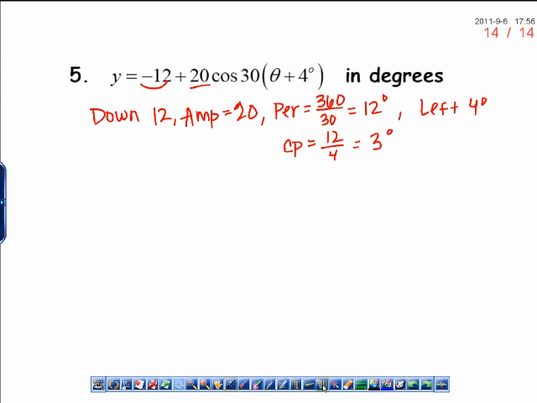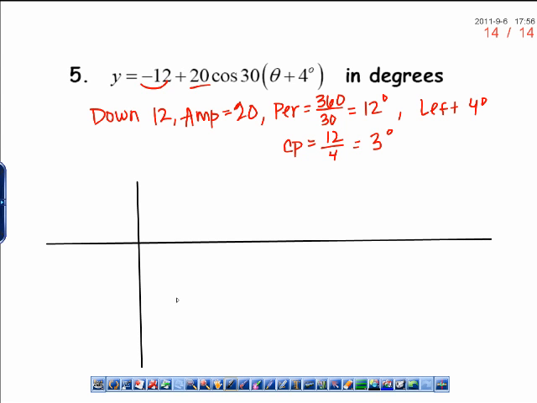I want that to be straight. Okay, so down 12 would be about right here. And if my amplitude's 20, I'm going to go up 20, which would put me at 8, and down 20, which would put me at negative 32.